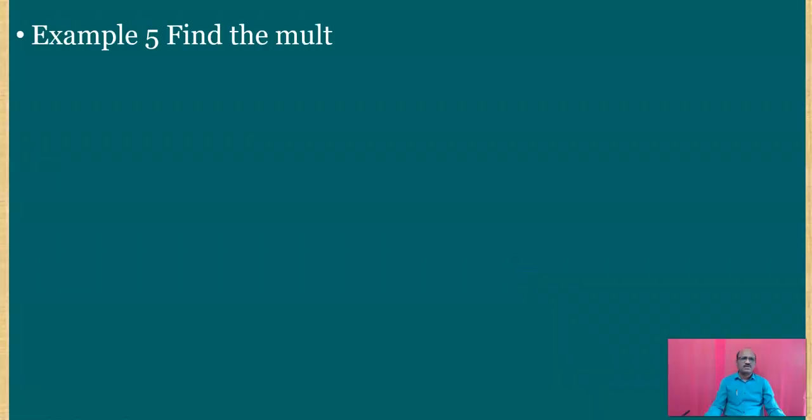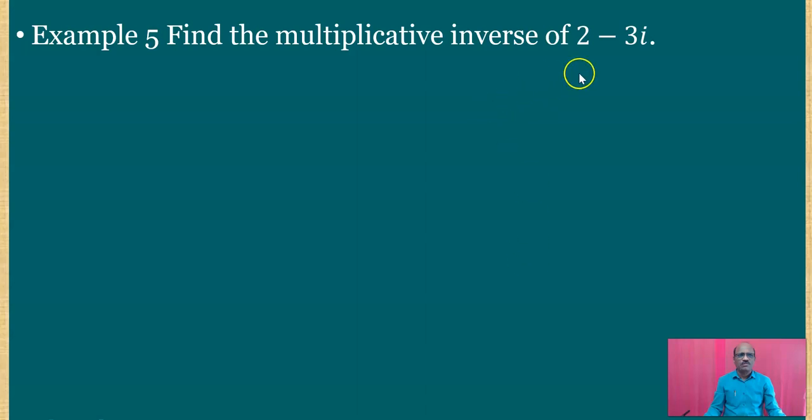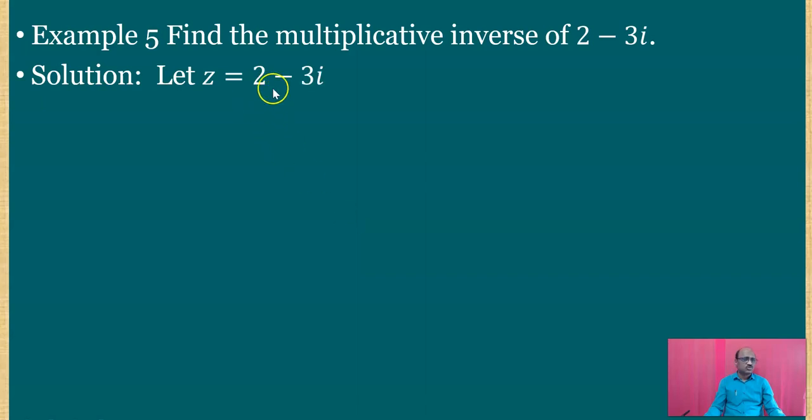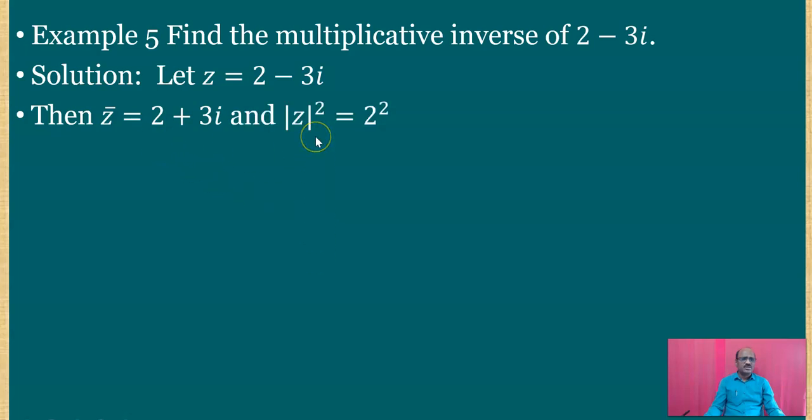Example: find the multiplicative inverse of 2 minus 3i. Here z is equal to 2 minus 3i, z bar is equal to 2 plus 3i, and mod of z square is equal to 2 square plus (minus 3) square, that is equal to 13.